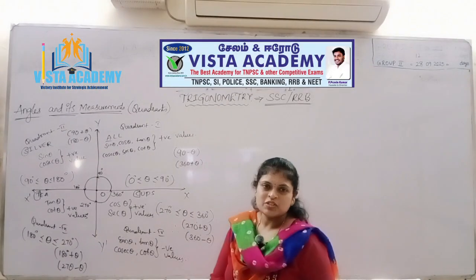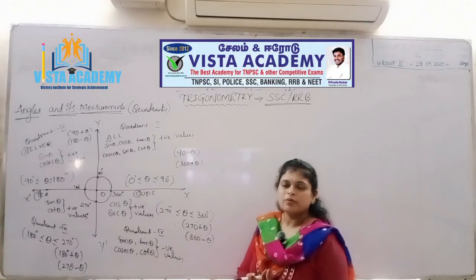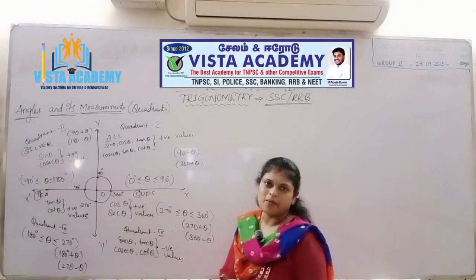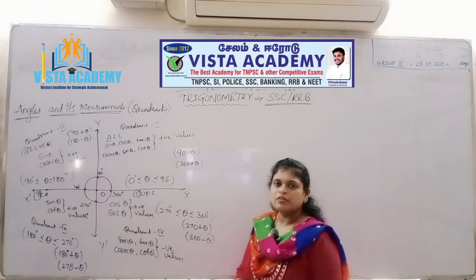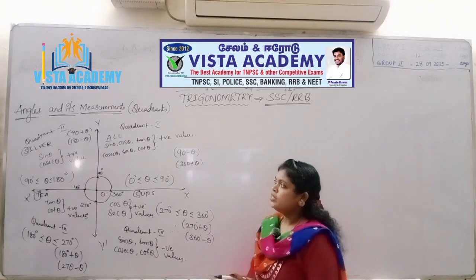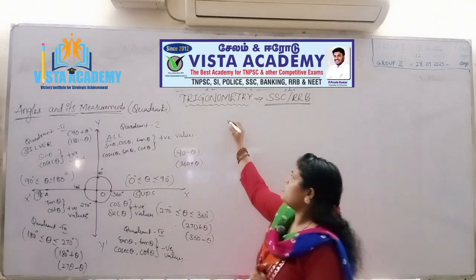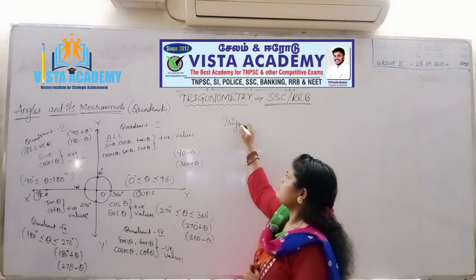And next, coming to the next set of formulas, which are very useful in entire mathematics, not only in trigonometry but also in your physics studies and to solve many other things. These are called trigonometric identities.